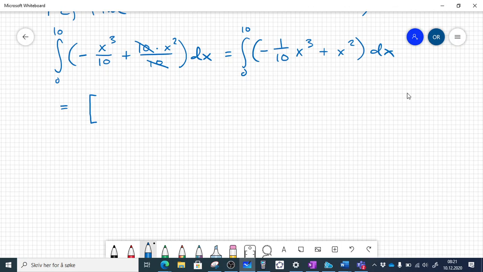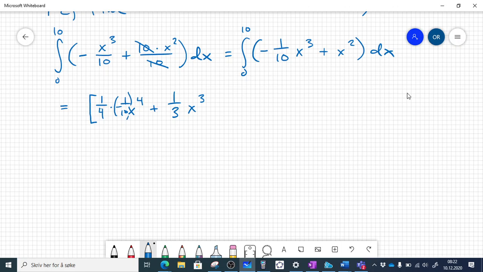We have x to the power of 3, so we know we need to go to x to the power of 4. We have to multiply with 1 divided by 4, so that's 1/4 multiplied with negative 1/10. And then we have to add something for x squared, and that's going to be 1 divided by 3 multiplied with x to the power of 3.